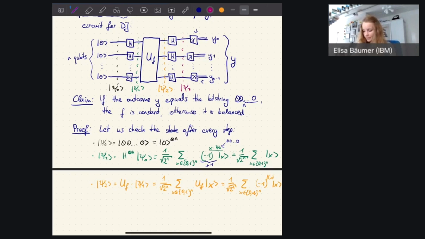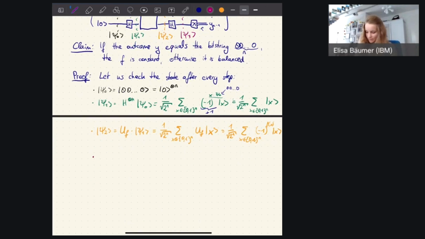And we're almost done. In the last set of gates, we get to state psi3 by applying again n Hadamard gates to the state psi2. Similar as before, we use linearity to move the Hadamard gates. It's just a phase, so we can move the Hadamard gates all the way to be applied to the states x.